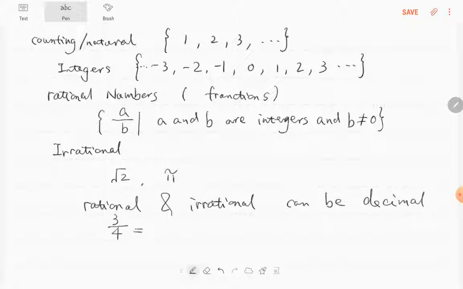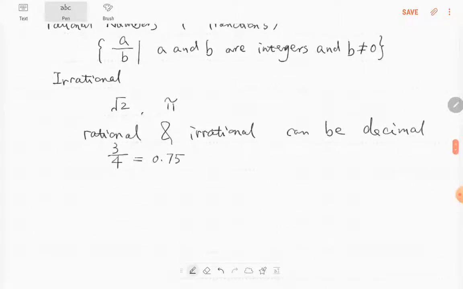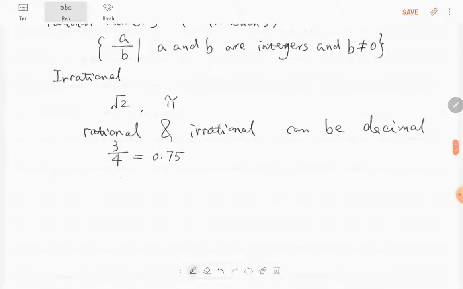So this is 3 over 4. We call it a rational number, and we know if we transform the fraction to a decimal, we get 0.75. So a rational number can be expressed as a decimal. And let's check pi.